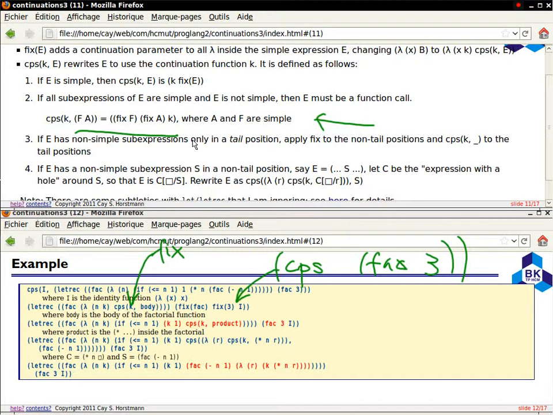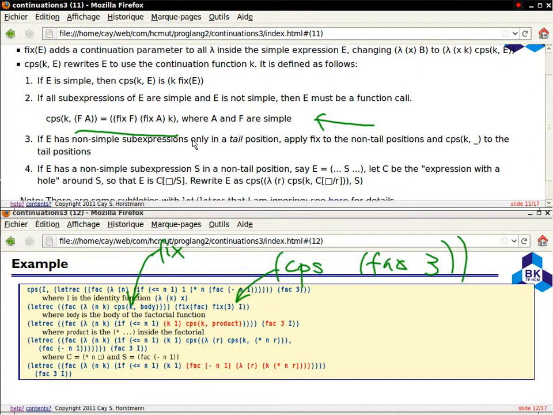So now let's see, am I correctly applying fix over here? It adds a continuation to all simple things in here. It changes lambda x b to lambda x k, CPS k e. So we had a lambda in here, it added a k, and so it is in fact exactly where it's at.